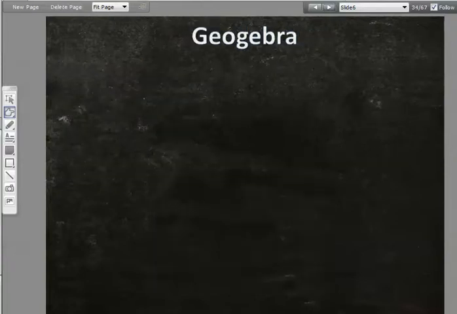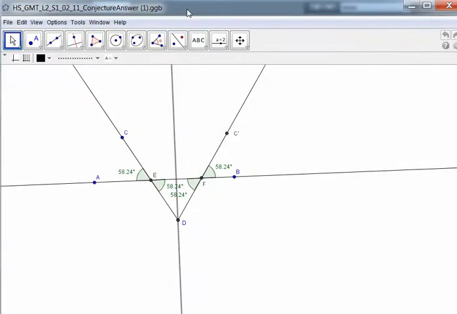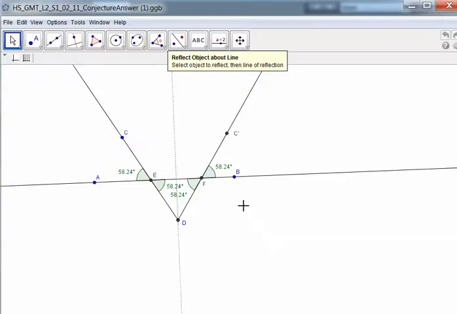All right, I just wanted to show y'all a little lesson on GeoGebra. This is in your LMS, and the directions are quite clear on how to do this yourself. I went through and I did do them myself.